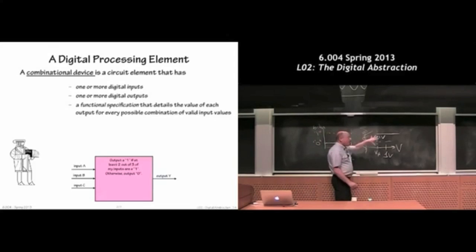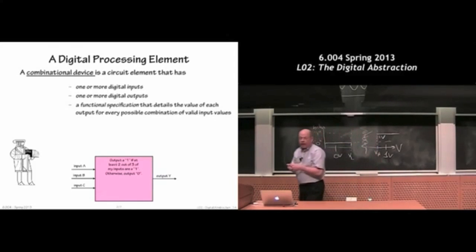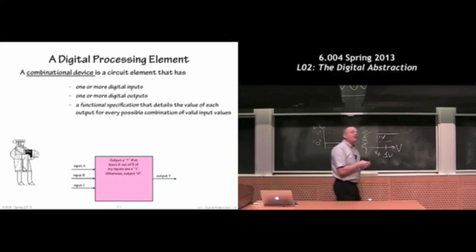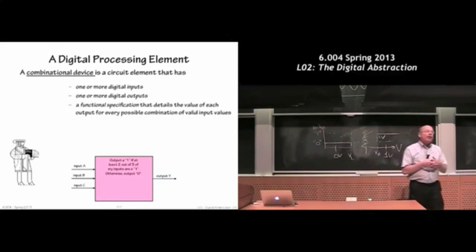But if all the inputs are in the valid digital signaling range, then I can make a big table that lists all the different possible combinations of the inputs. I have 3 inputs here. How many different combinations of the digital inputs are there? In other words, if I think of each input either being 0 or 1, altogether, how many different combinations do I need to consider? 8.